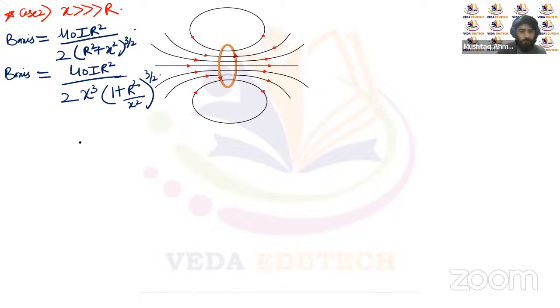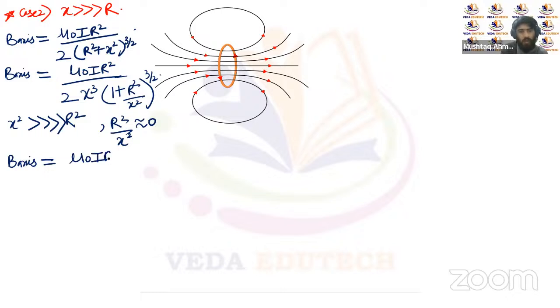So it means that if x is much greater than r, then x square will be very much greater than this r square, or we can say that r square upon x square will be approximated to 0. And we'll be left with B axis as mu naught I r square upon 2 times x cube.